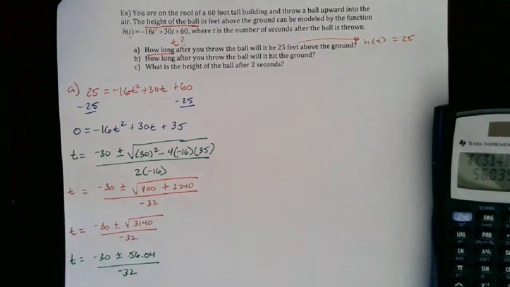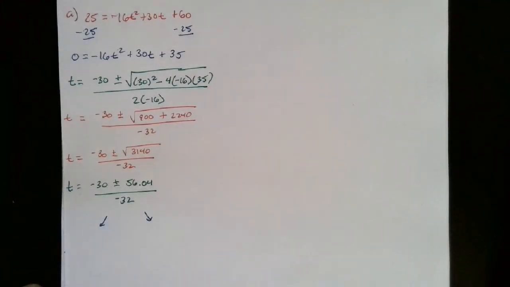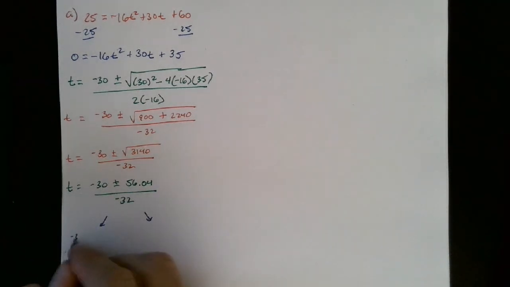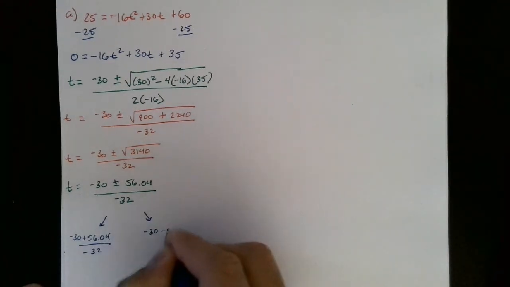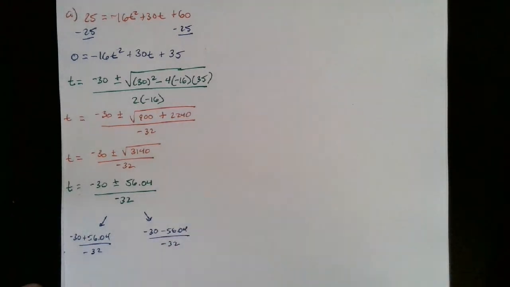And that will approximate this, it's two answers. Making sure you check both of them and see which one we're going to need. So negative 30 plus 56.04 over negative 32 is one answer. Negative 30 minus 56.04 over negative 32 is the other answer.